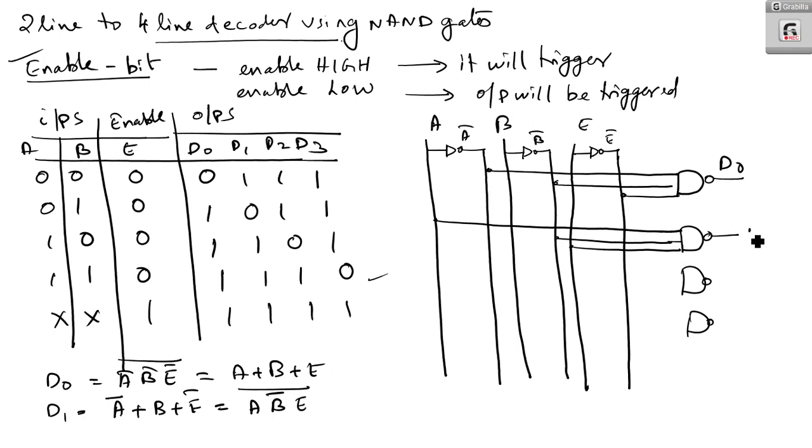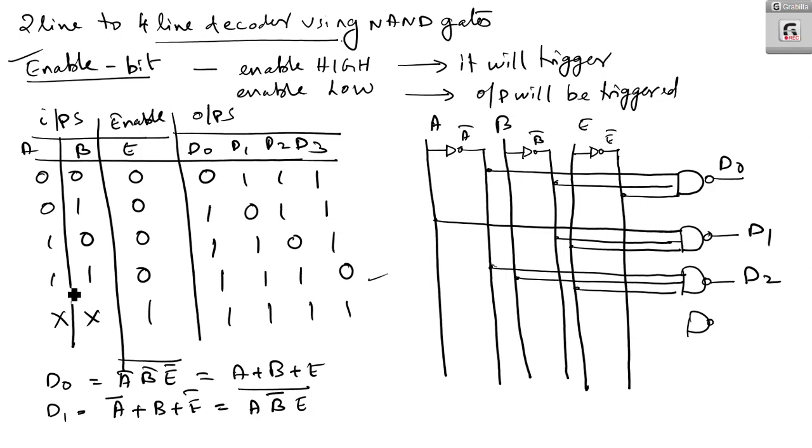So that is D1. Coming to D2. What is D2? D2 you will get as A bar B E. So that is D2.